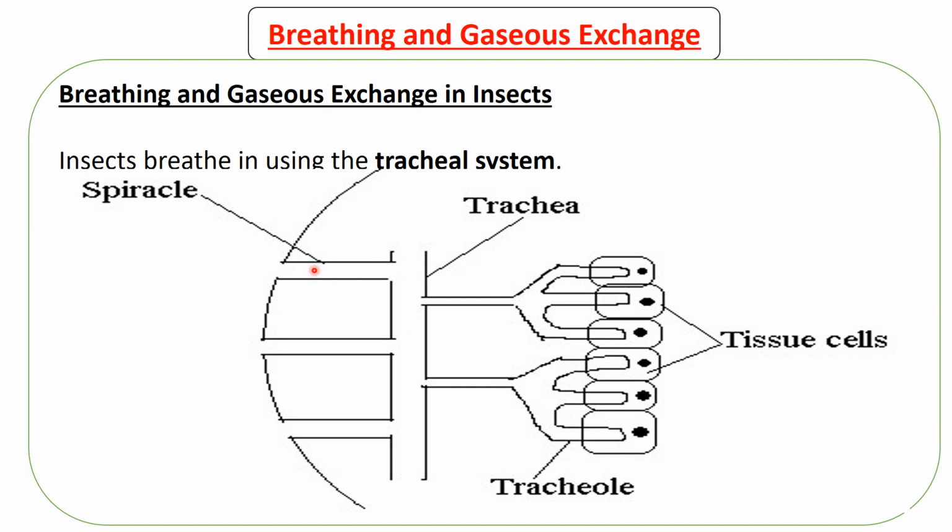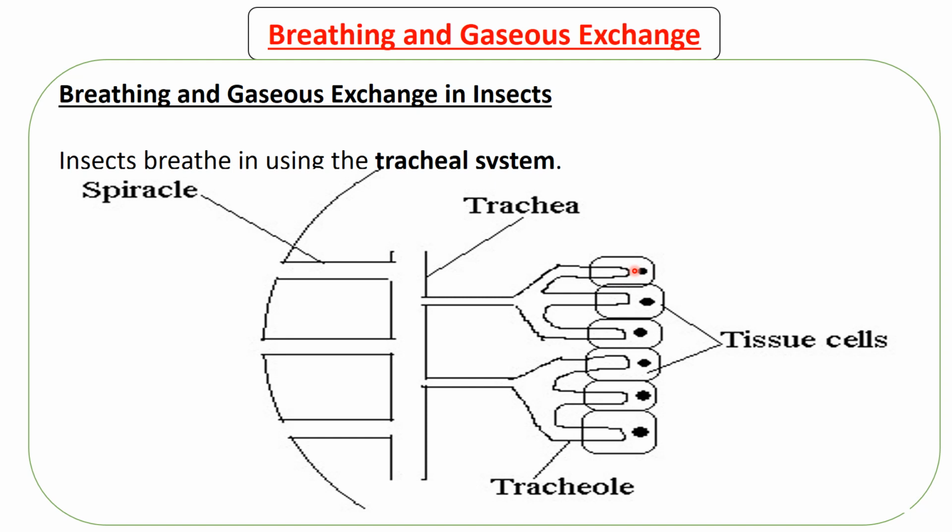So there are first spiracles, then trachea. The trachea then has these branches which are called tracheoles. The tracheoles are the ones that are connected to the tissue cells where the gases are needed and where the gases that need to be exhaled outside the insect are generated.